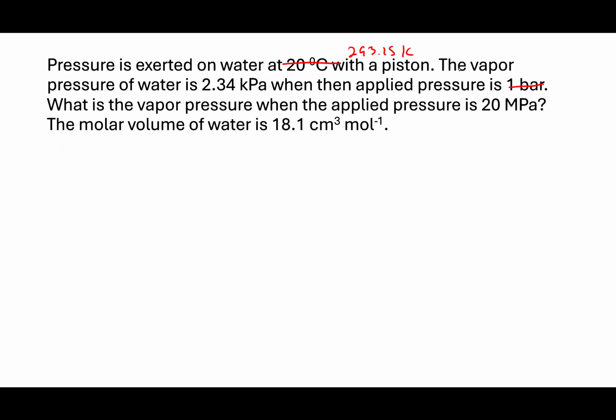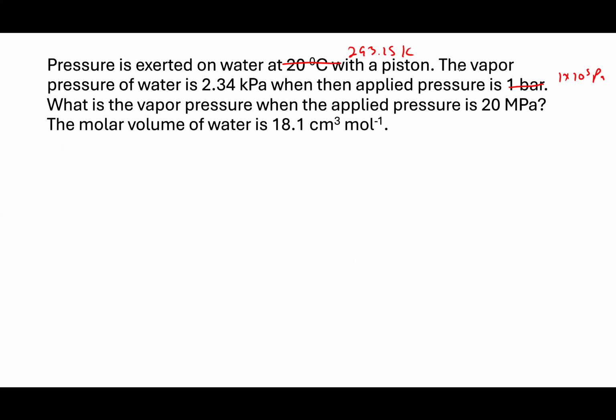There we go. 1 bar is 10 to the 5th pascals, 1 times 10 to the 5th pascals. That's what I thought it was.